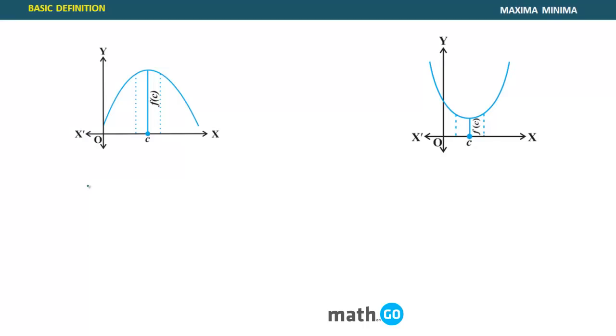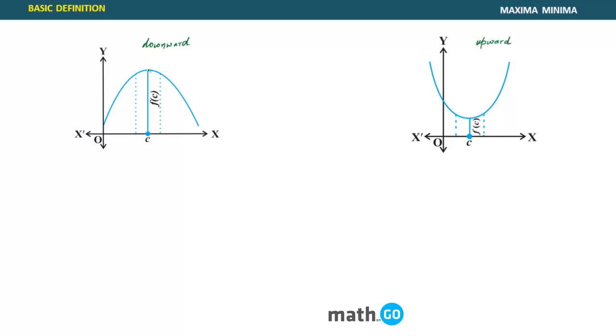To understand the concept, let's take two very basic diagrams. This is a downward parabola that I have taken, and this is the case of an upward parabola. Now there is a point C on this particular curve where the value that you obtain will be the highest.